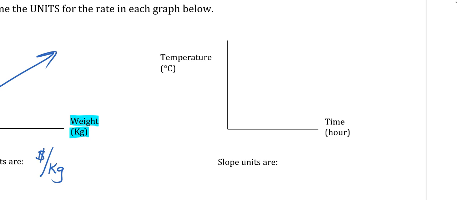And this is starting to give you a bit of an idea of how these graphs can represent all different kinds of things. Very good. So degrees Celsius per hour. What would this graph be measuring? What if I said that was my graph?